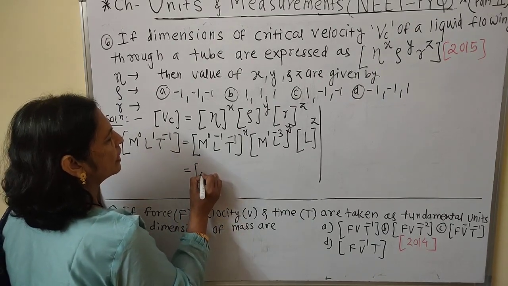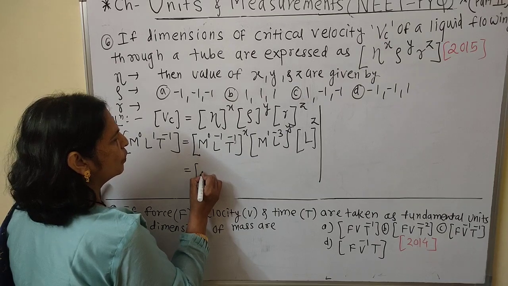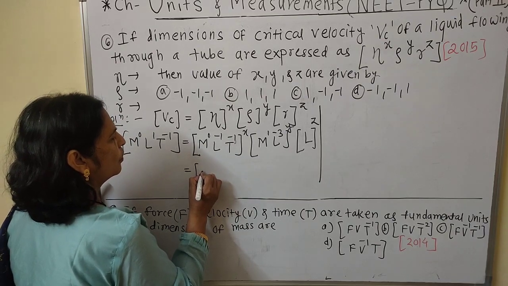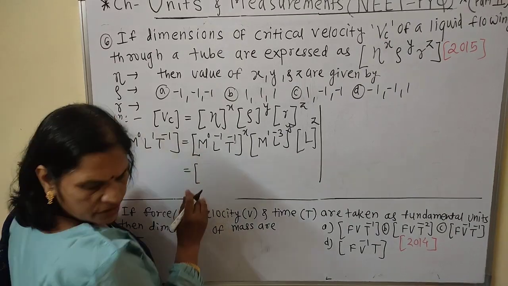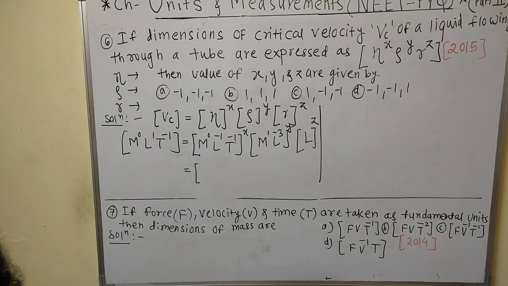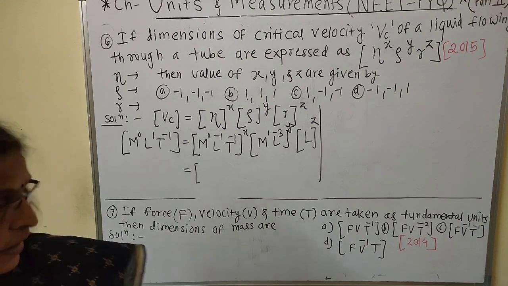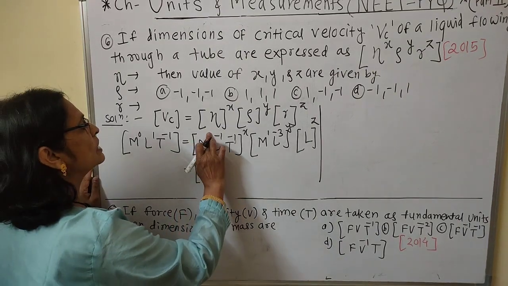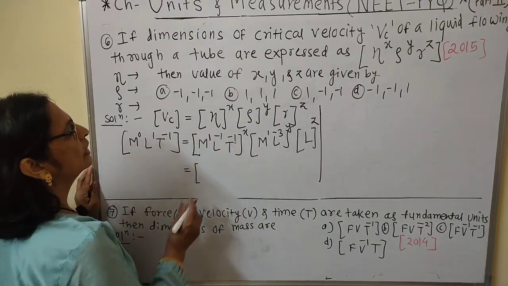M raised to 1. Coefficient of viscosity is having dimension M raised to 1 here.